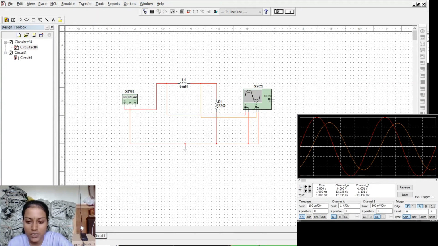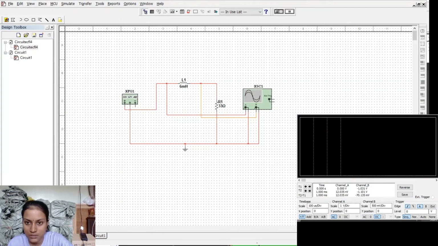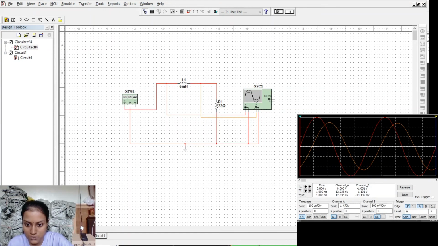Now we simulate it first. To find the period for channel A and channel B, we do it the same way as we did for the capacitor.